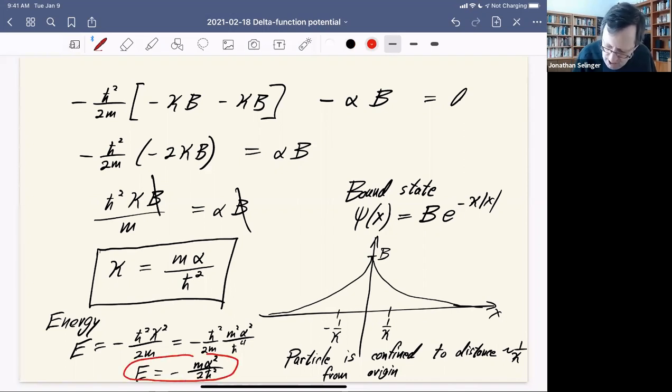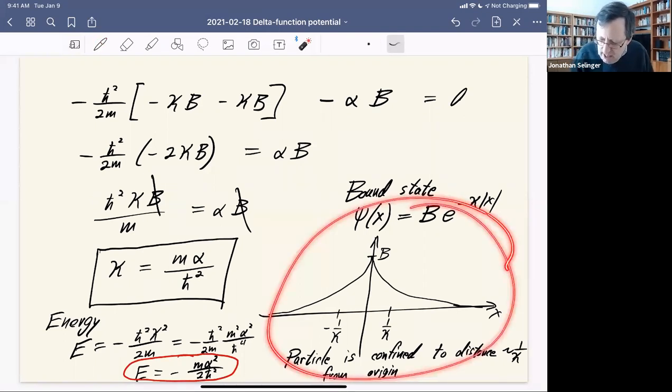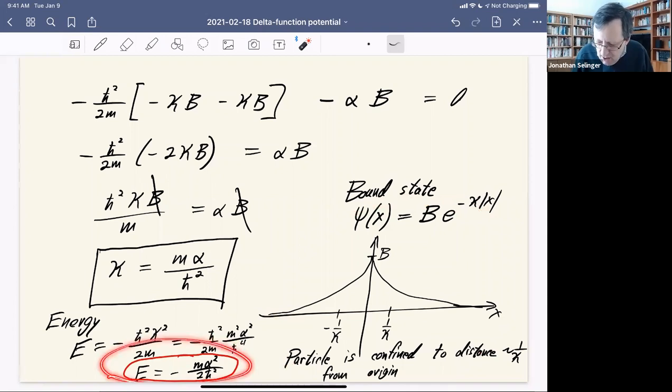So you see, we started saying, let's find the bound states. And we found exactly one bound state, with this wave function and this energy. That's the bound state. This was meant to be a problem that could have both bound states and scattering states. And in fact, we have found exactly one bound state.